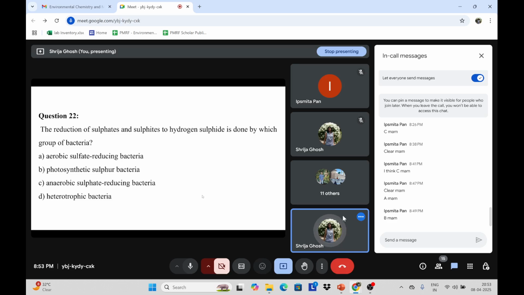It is happening at the bottommost layer of the Winogradsky column. I've just explained the Winogradsky column. Tell me which organism grows at the bottommost layer of the column. What would be the answer to this question?